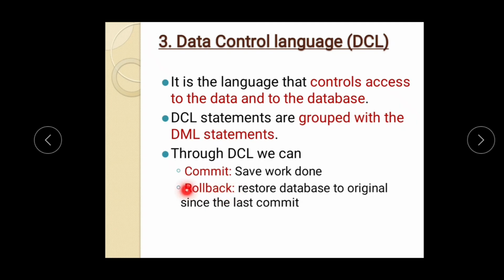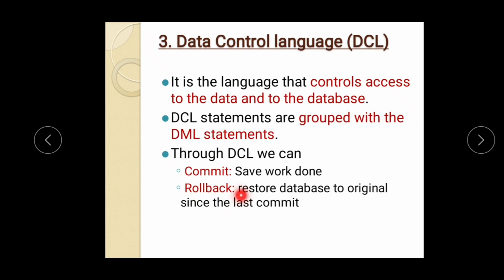Rollback means if any data loss happens, we can restore the data using the rollback mechanism. That is called rollbacking. In case of any data loss or failure, we can restore the database using this rollback mechanism.